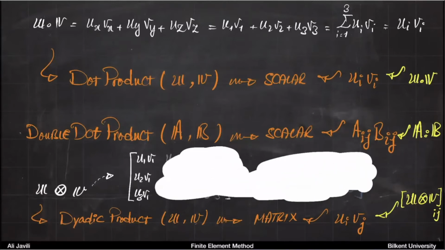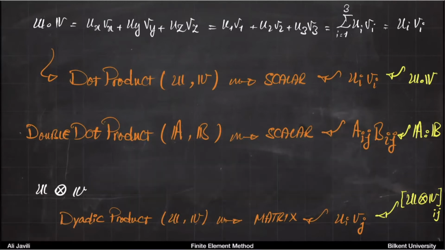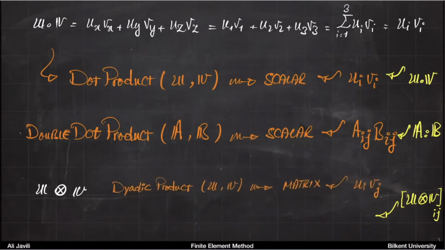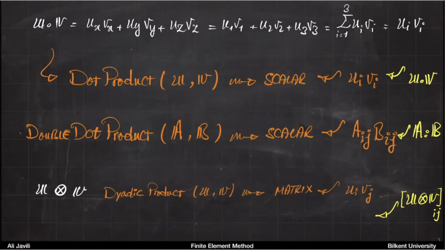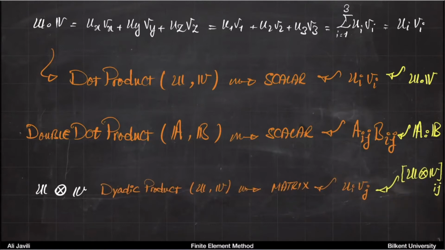Now, the last thing we want to talk about is this other thing we call Kronecker delta. Okay, so there is this other thing we want to talk about and define, and that is Kronecker delta.